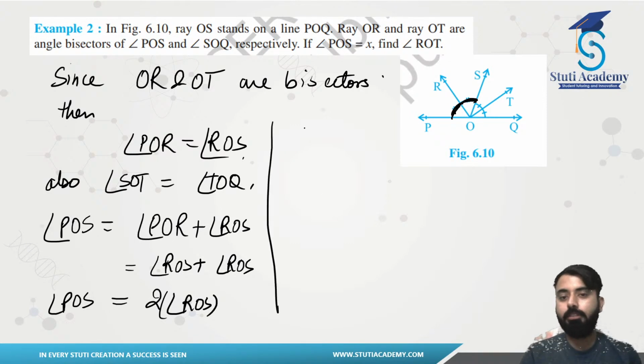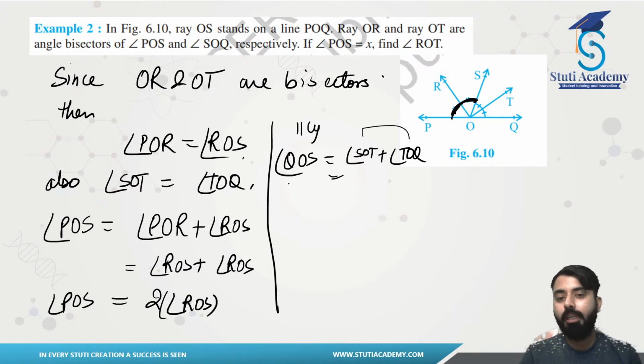Similarly, I know angle QOS will be equal to angle SOT plus angle TOQ, right? SOT and TOQ are equal themselves, so angle QOS will be equal to twice of angle SOT. The reason why I'm doing it like this, I will explain at the last step.